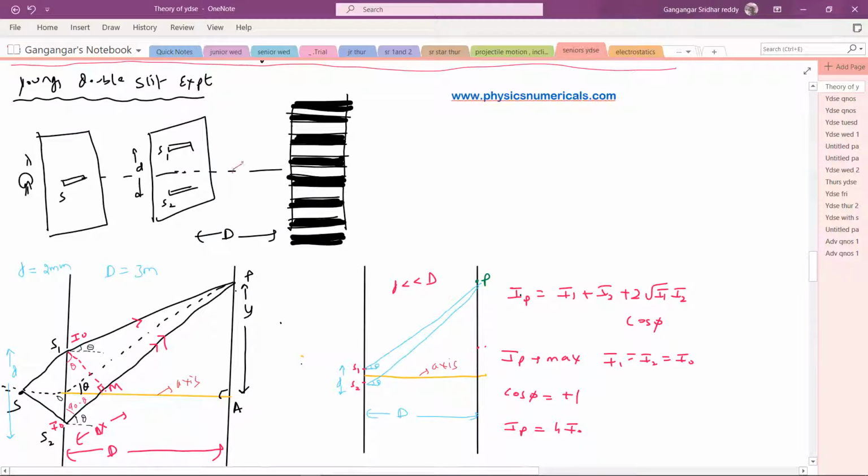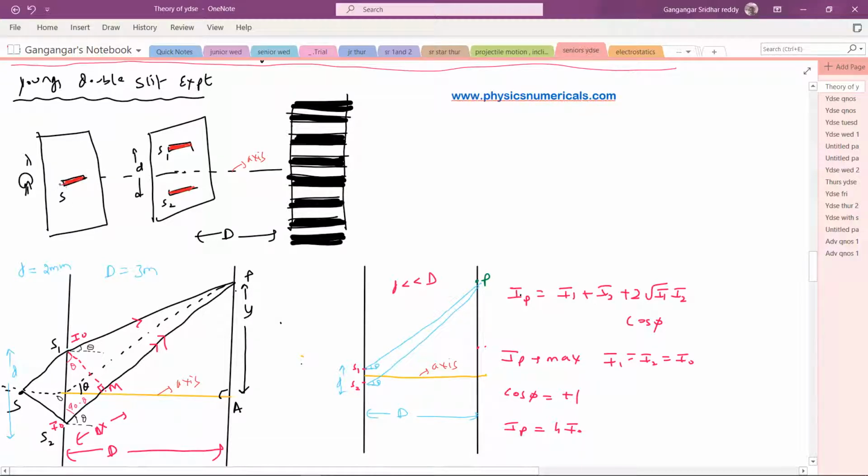Let me give the name, axis, here. I will form two slits. You take a cardboard and just cut it. So these are called rectangular slits.